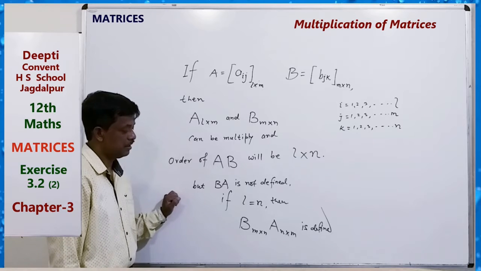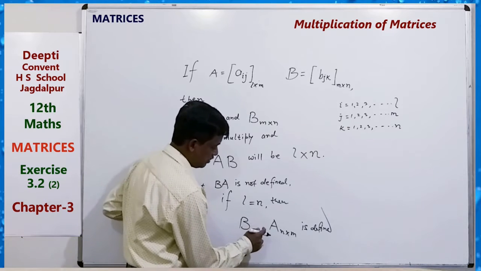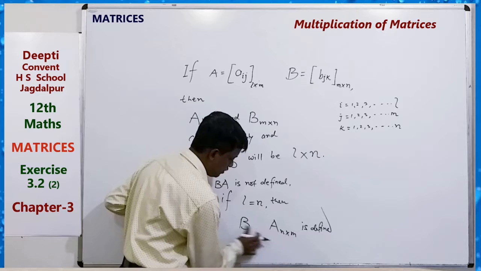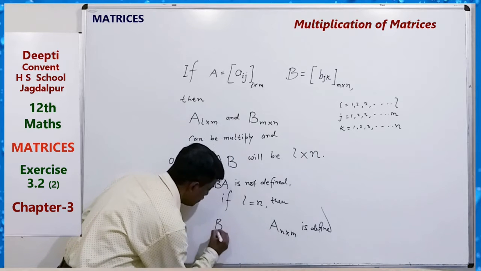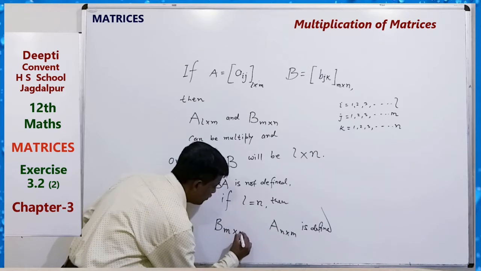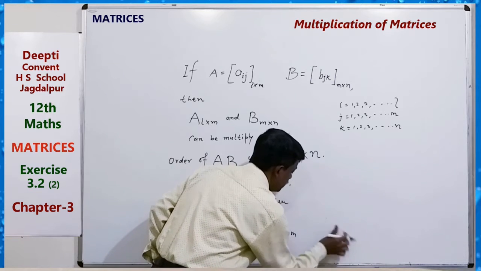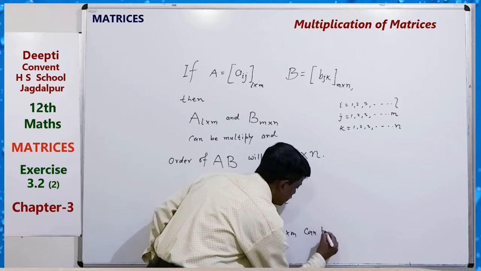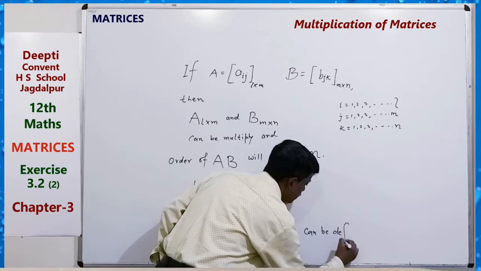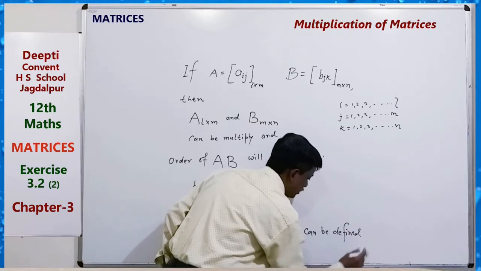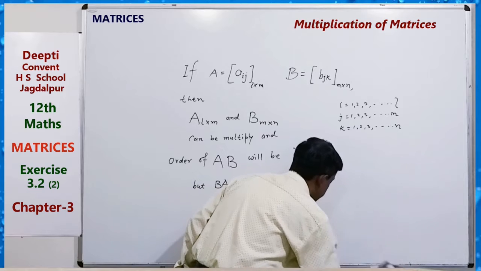Then B, M by N, and this can be defined. Can be multiplied, sorry, can be multiplied.